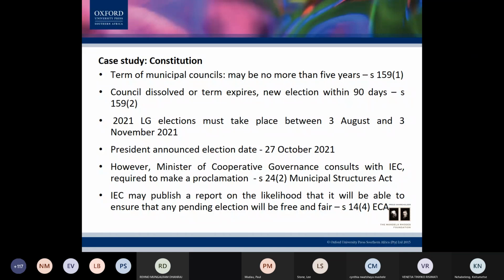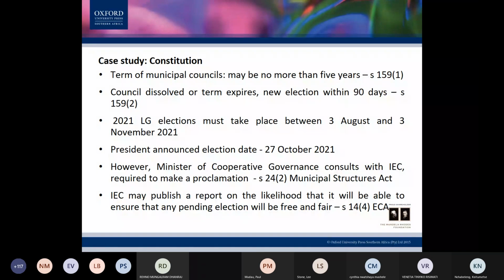Currently, it means that these new elections that are supposed to be held this year need to take place between the 3rd of August and the 3rd of November 2021. And the President, Cyril Ramaphosa, announced that the election date will be the 27th of October 2021, which is within the 3rd of August and the 3rd of November.